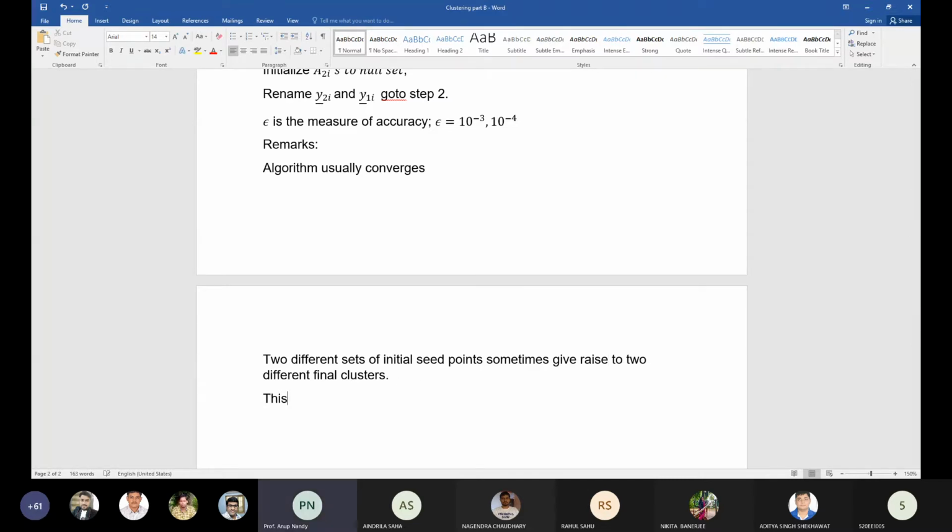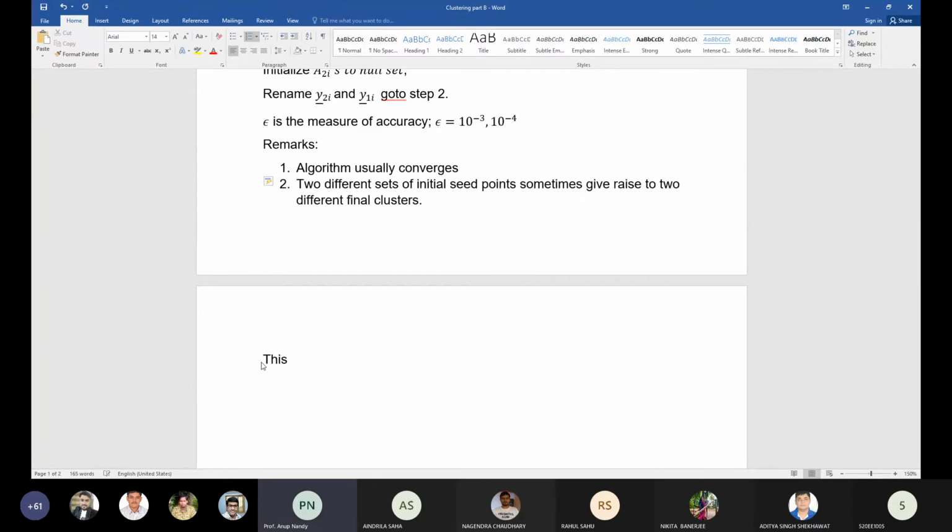Next, three, this algorithm tries to implement a within-cluster distance criteria.